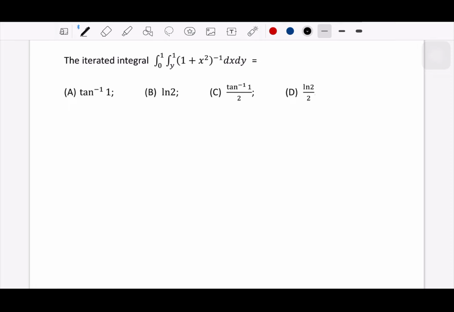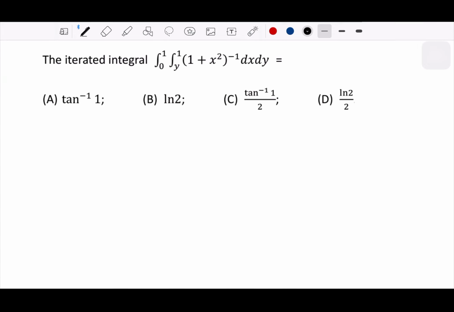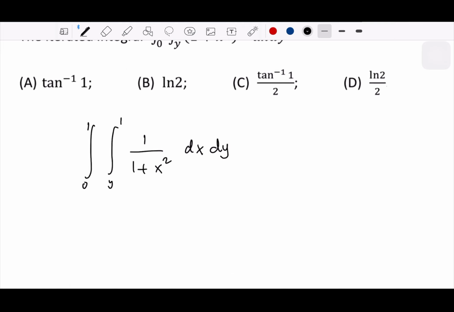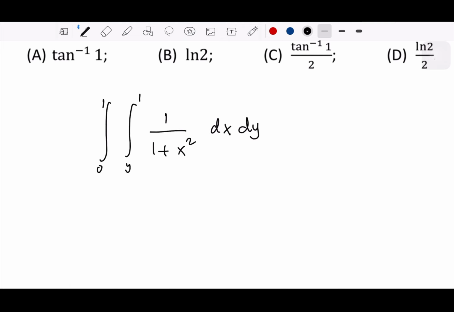Okay, now let me just write the question again here: 0 to 1, or let me write this in terms of 1 over 1 plus x squared dx dy. Now how do we solve this? Can we solve this through some techniques?